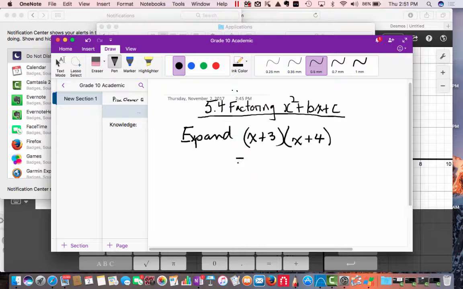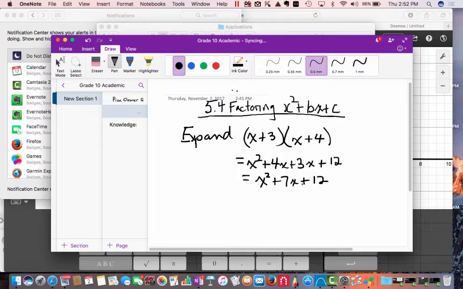So when we expand this out, it's x squared plus 4x plus 3x plus 12, which equals x squared plus 7x plus 12.